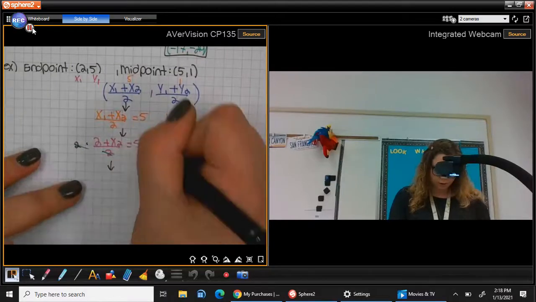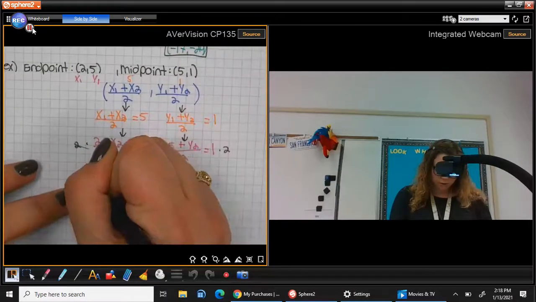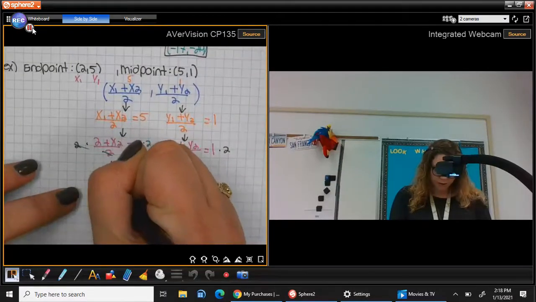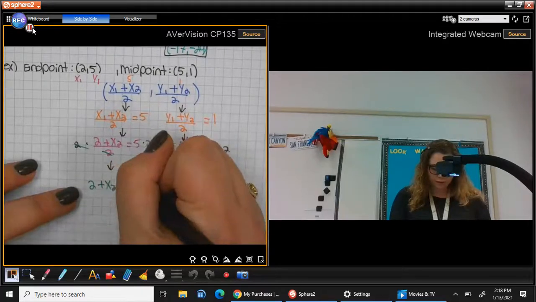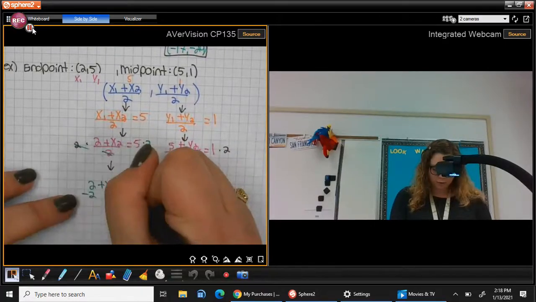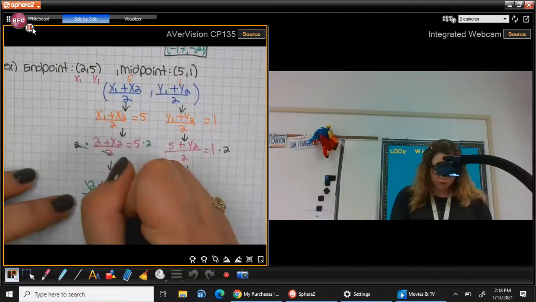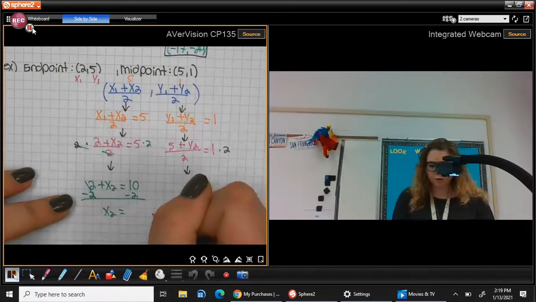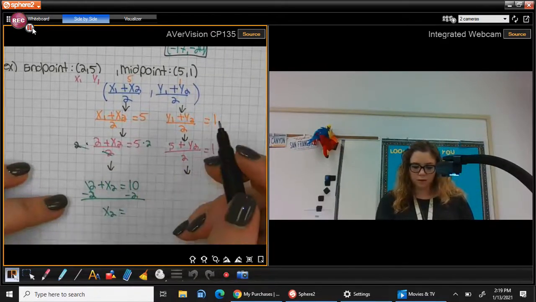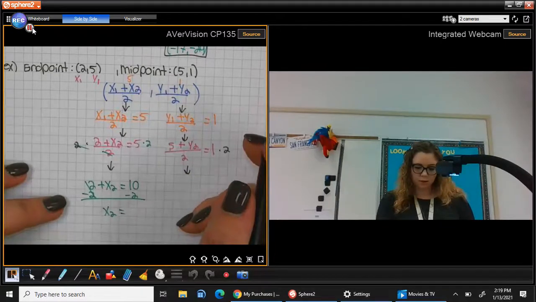So I'm left with 2 plus x2 equals 5 times 2, which is 10. Solve for x2. 10 minus 2 is going to give me 8.